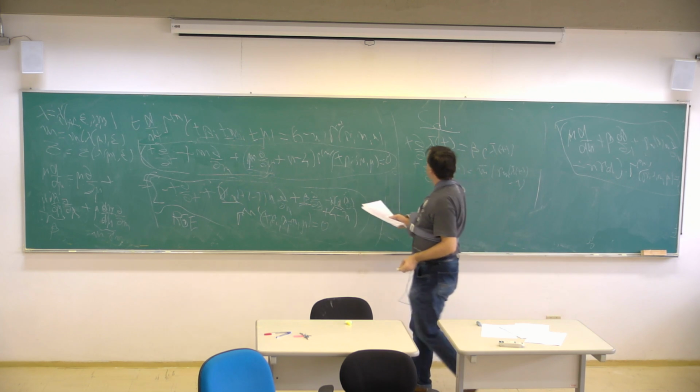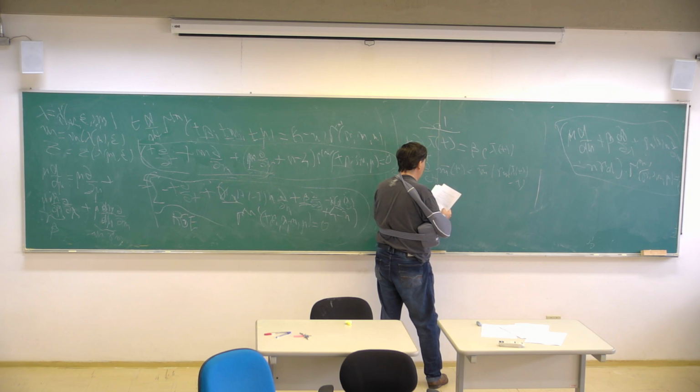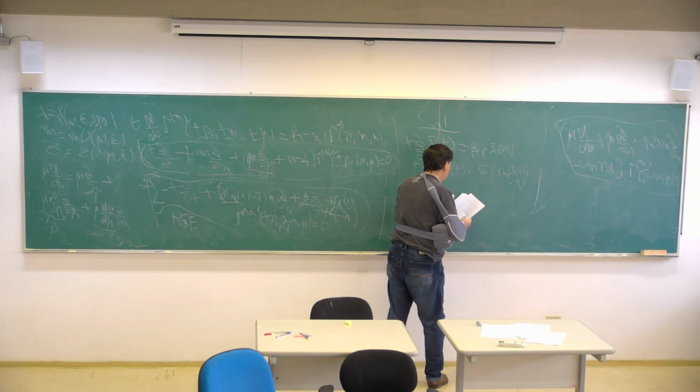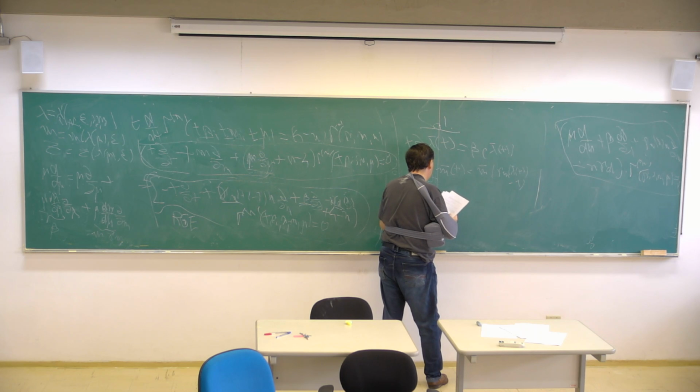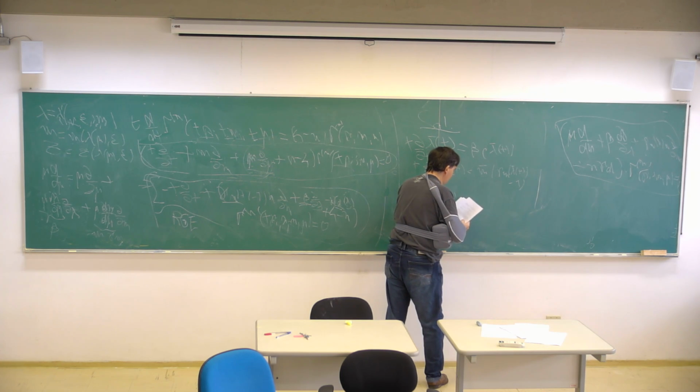So we define these objects with a boundary condition that lambda bar at t equal to 1 is lambda and m bar at t equal to 1 is m.